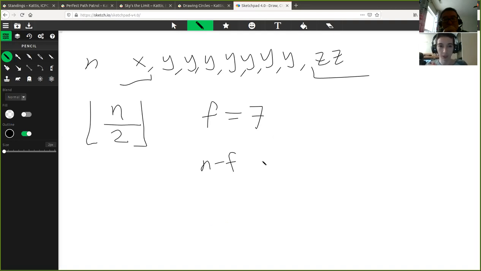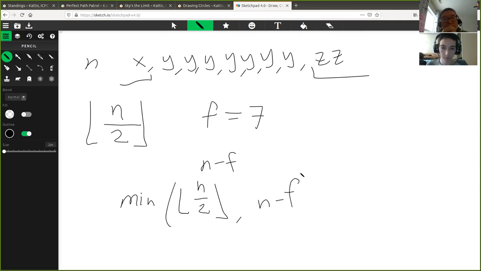So there's at most n minus f pairings, because each pairing must have one of these characters. If a pairing didn't have any of them, then it would have two y's in this case. So definitely the answer is at most the minimum of floor of n over 2 and n minus f. And actually the answer is exactly this.